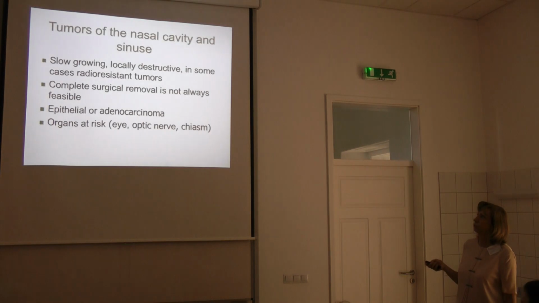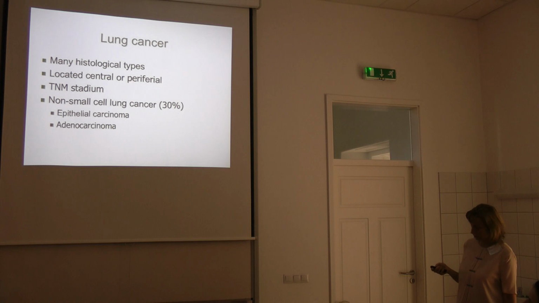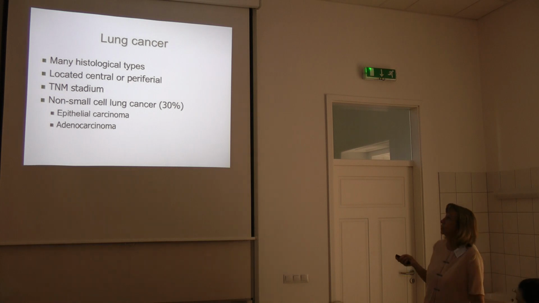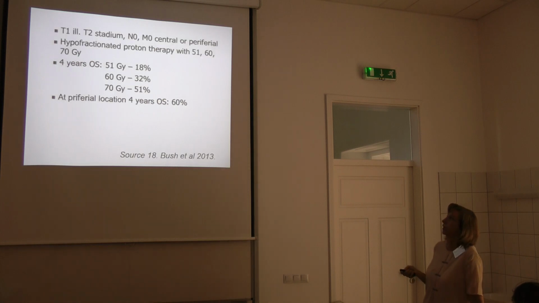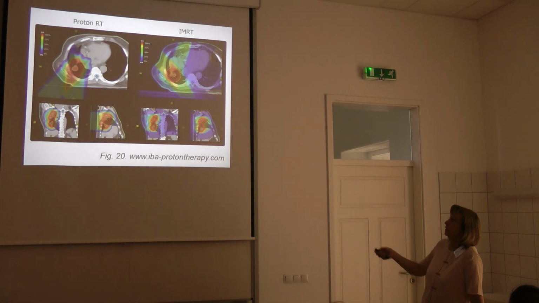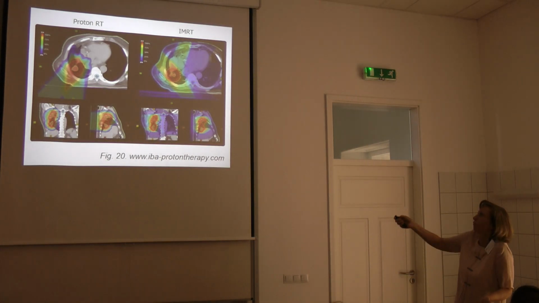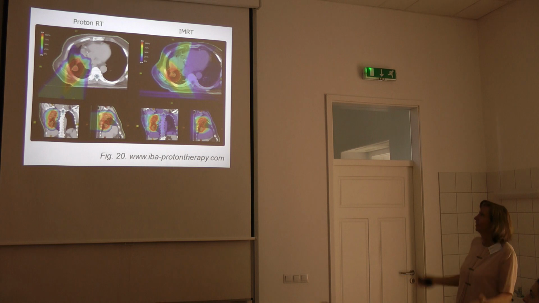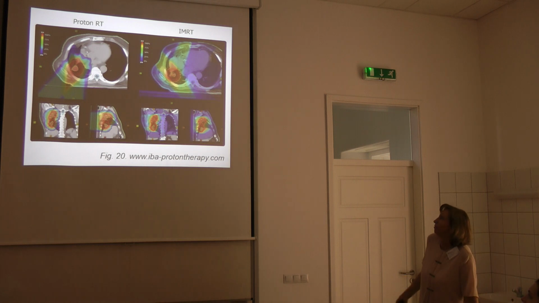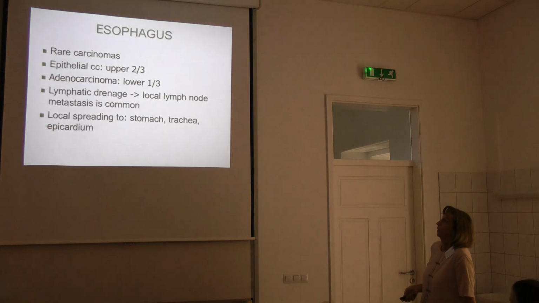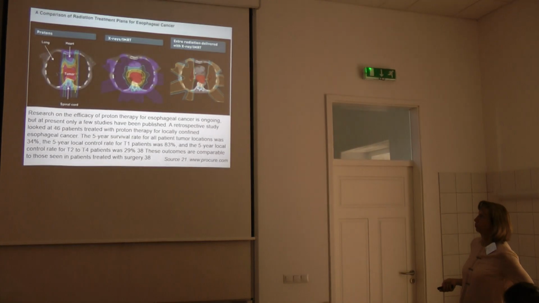So head and neck tumors, paranasal sinus tumors, lung cancer patients can profit from this technique. You can see it is very visible already from the first view that much better dose distribution could be achieved.